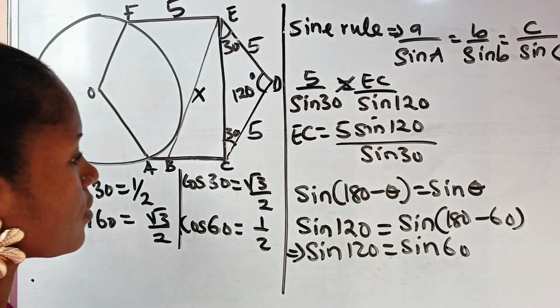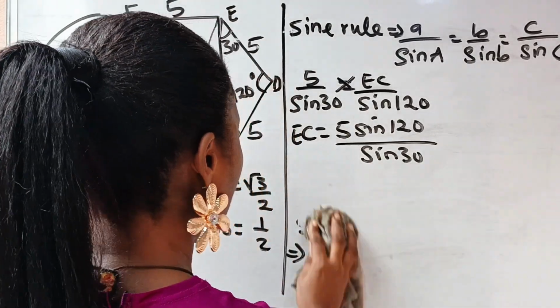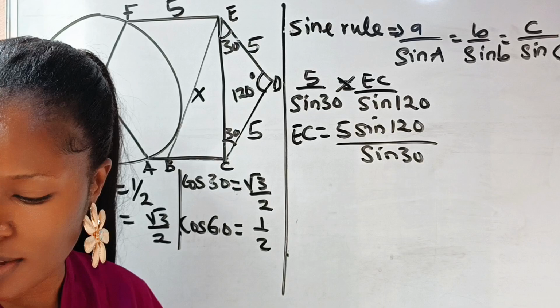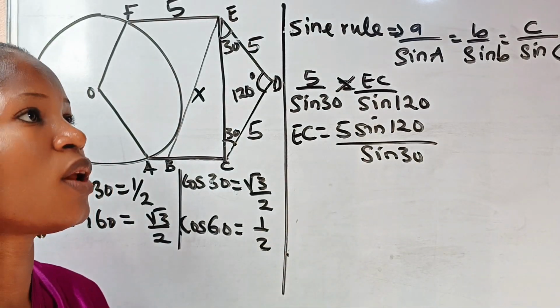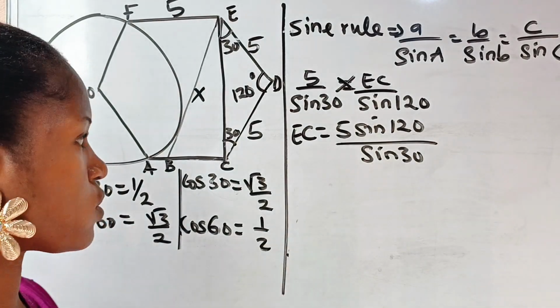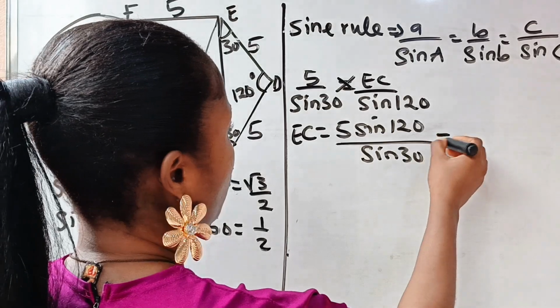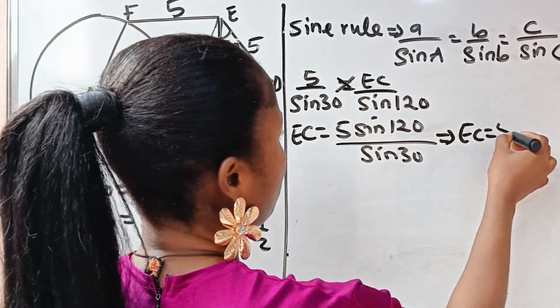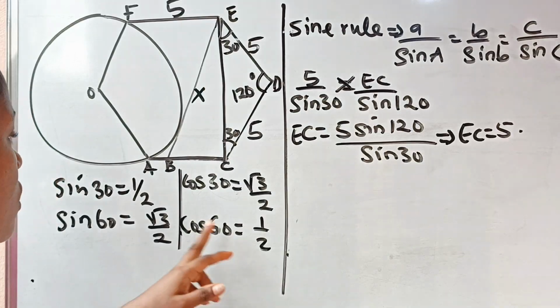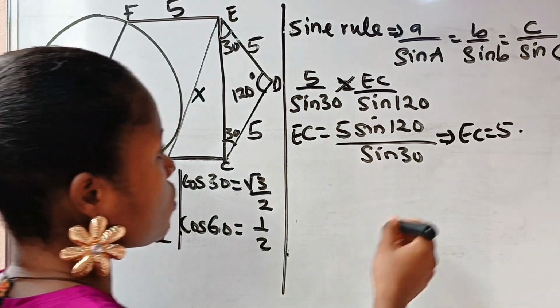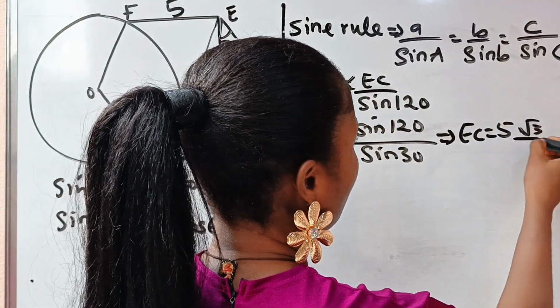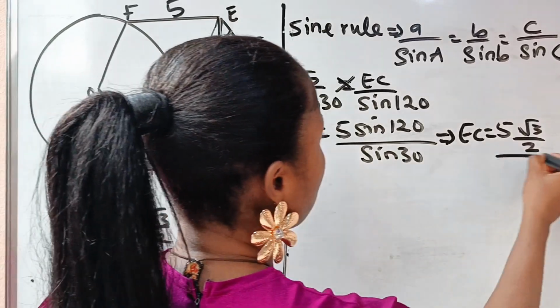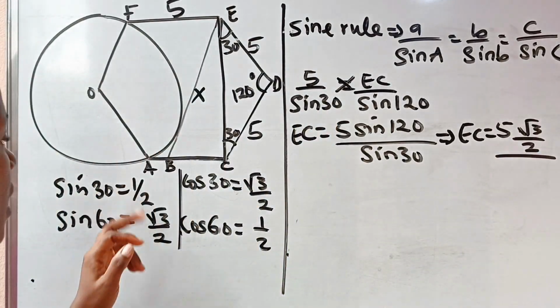Like I said, pick your popcorn, because it's not going to be too long, but it's going to be long and you are going to enjoy it as well. So EC is 5 multiplied by sine 60, which is root 3 over 2, divided by sine 30, which is half.